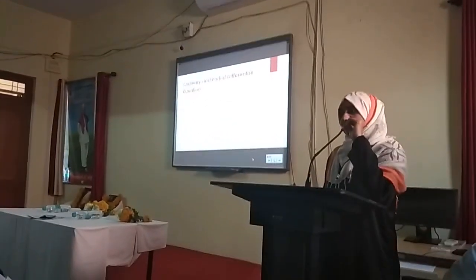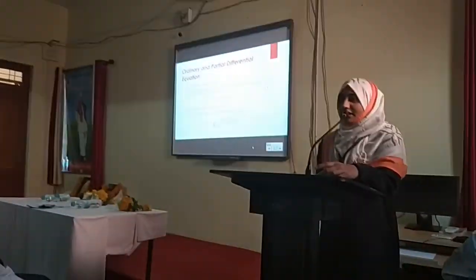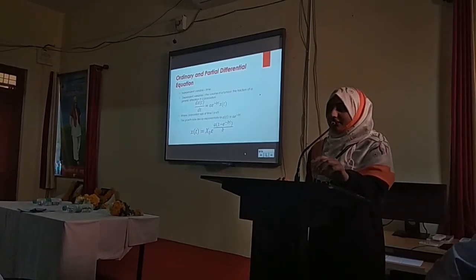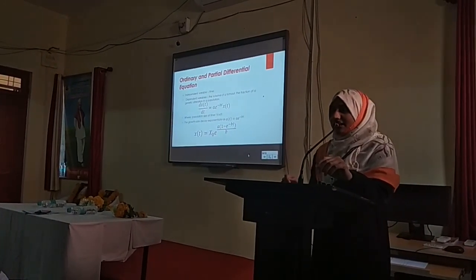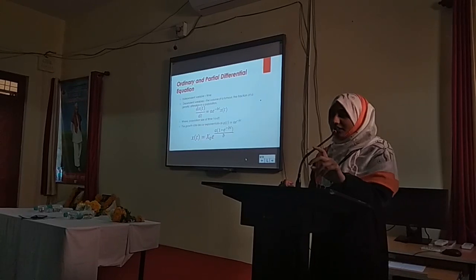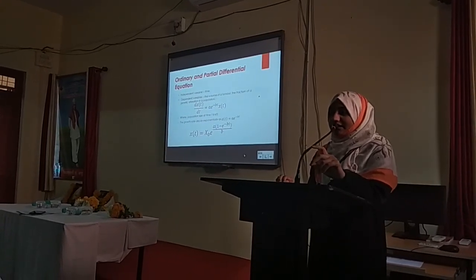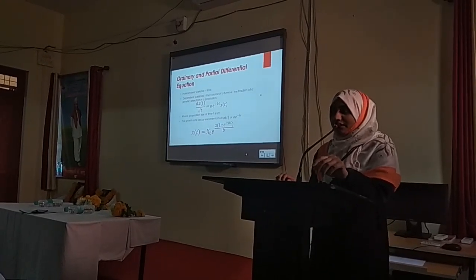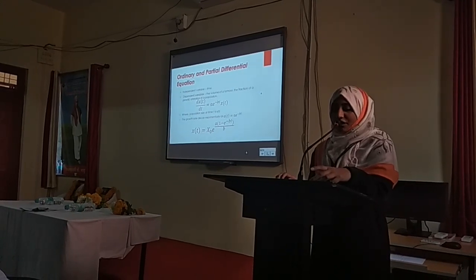Next we'll see the use of ordinary differential equations and partial differential equations. First, here is the ODE. In ordinary differential equations we consider an independent variable, which is time, and the dependent variable may vary.